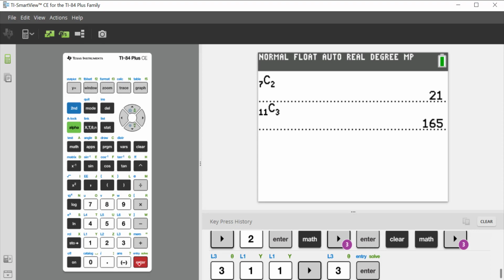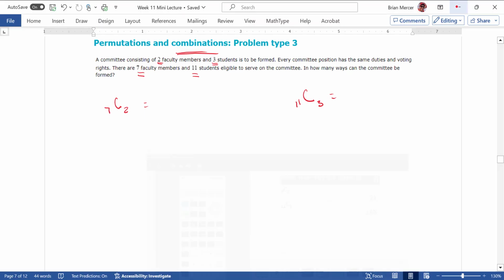So there were 21 ways to select the 2 faculty, and there are 165 ways to select the 3 students. If there are 21 ways to do one thing and 165 ways to do something else, then it's the product, 21 times 165.